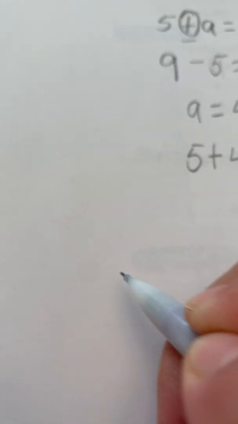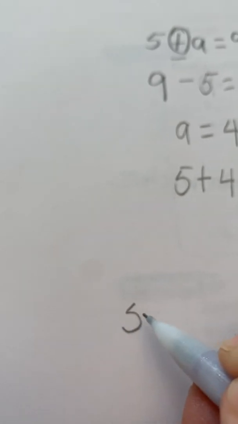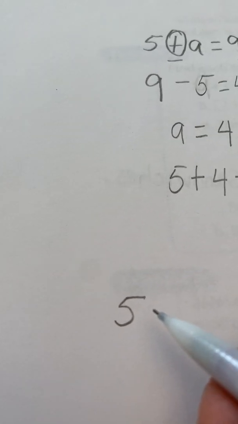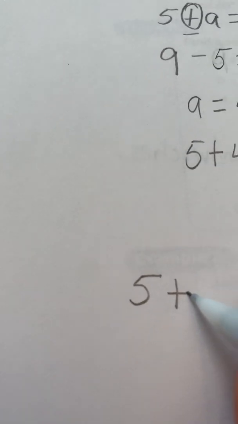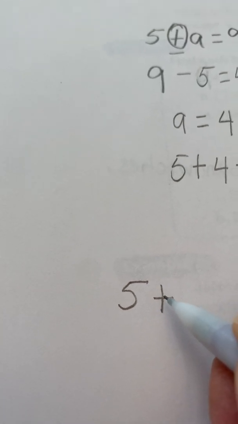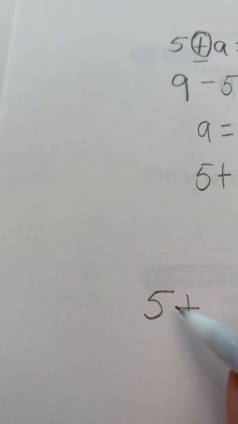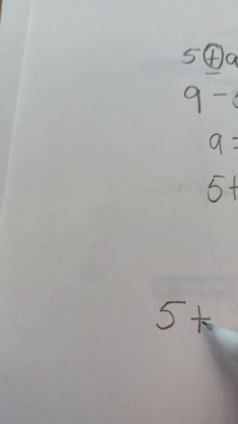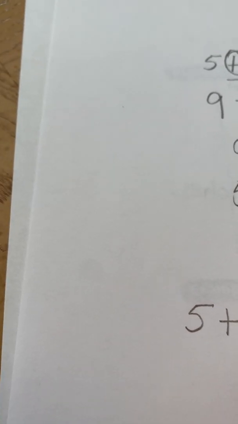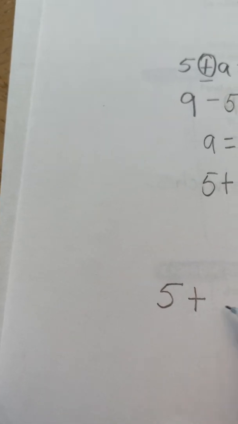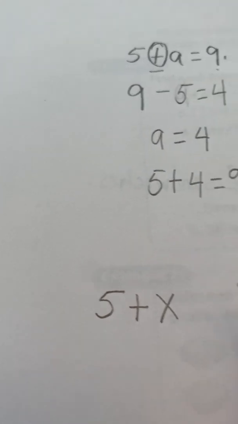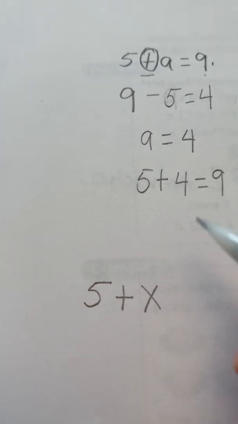So Maria had 5 pencils, correct? Her friend gave, that means we're gonna add, right? She's adding to the number of pencils that she has. So her friend gave her some more. We don't know what that some more is. So we can put any letter here. I'm going to put an X, okay?